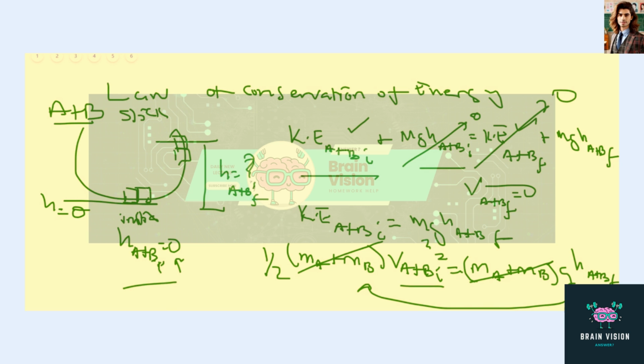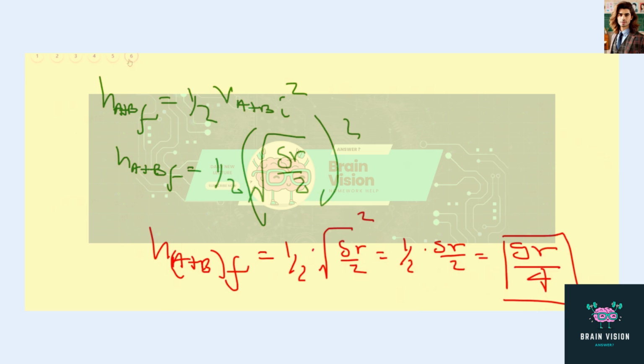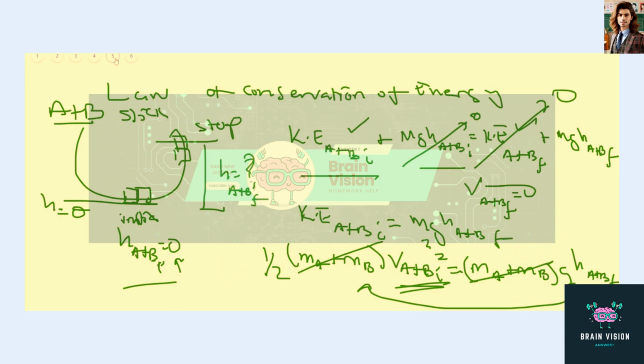So that cancels out. The final kinetic energy is 0 because when they stick together, it stops right there. So that's going to be 0. We use that and solve for the initial combined velocity of A and B. We're going to use that initial combined velocity and compare that to the final potential energy of A and B. And in the last step, we end up solving for the final height.